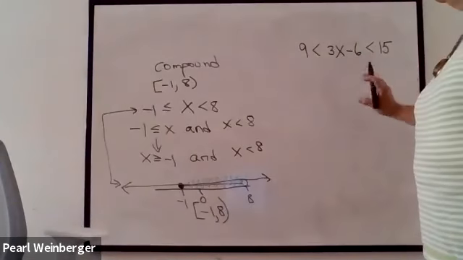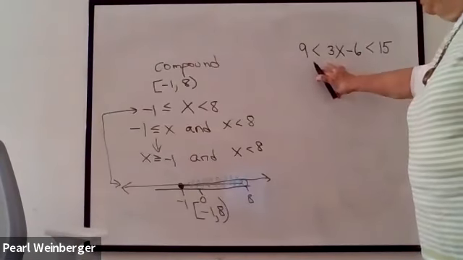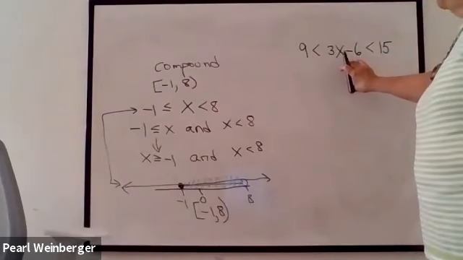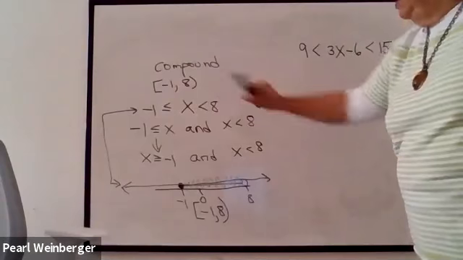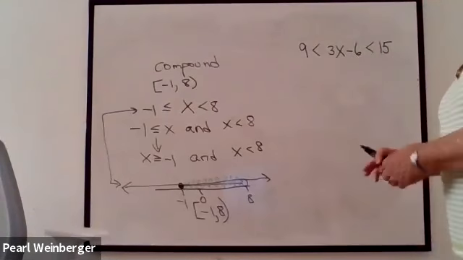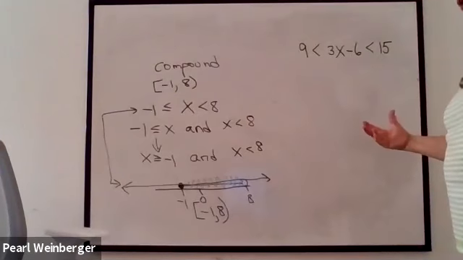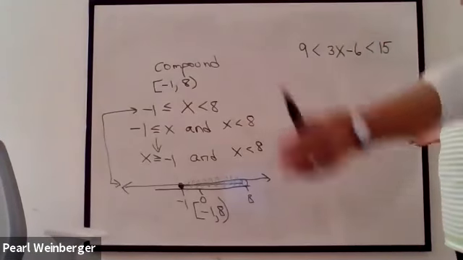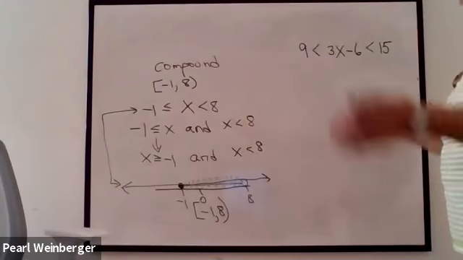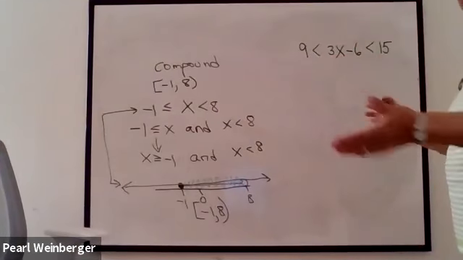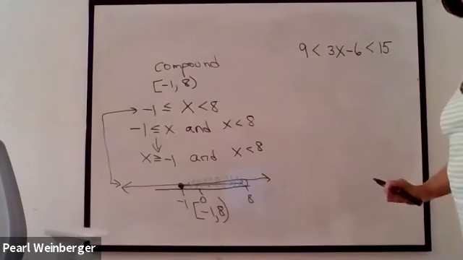But also, when we want to solve something like that, we don't want to have some complicated thing in the middle here. What we want in the middle is just a plain x. So how do we go about solving this? Now, I could show you a complicated way of doing it by separating them and taking it apart and then solving it, but I'm going to show you an easy way to do it.